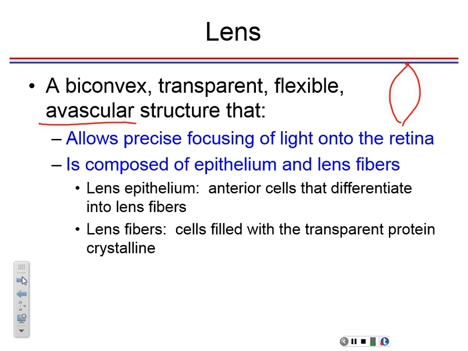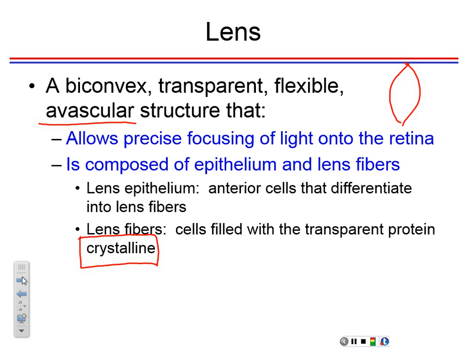So to maintain the transparency of it, it's arranged in a very regular fashion, in an orderly way. You can imagine if the fibers are all over the place, you couldn't bend light in any one direction. You know what I'm saying?